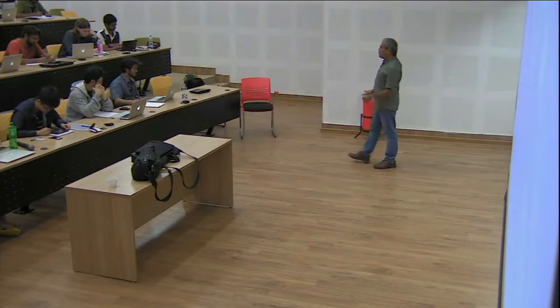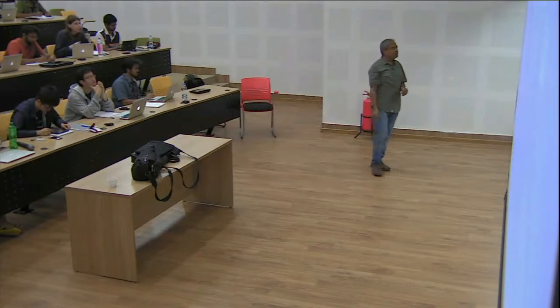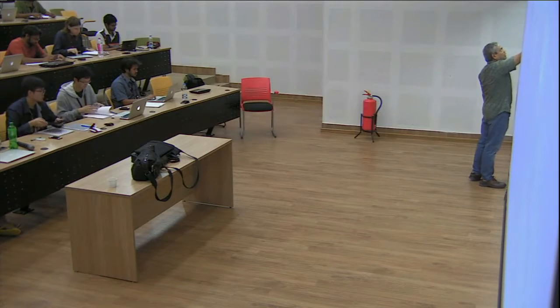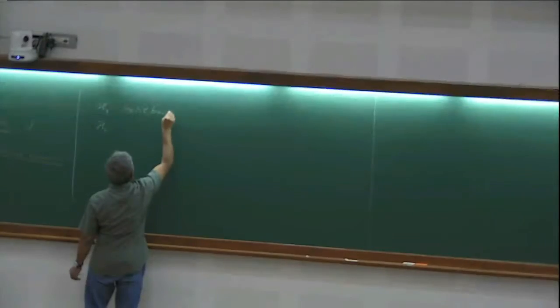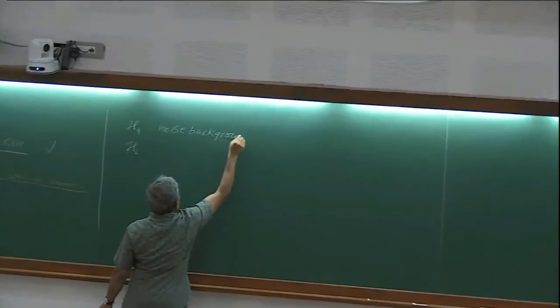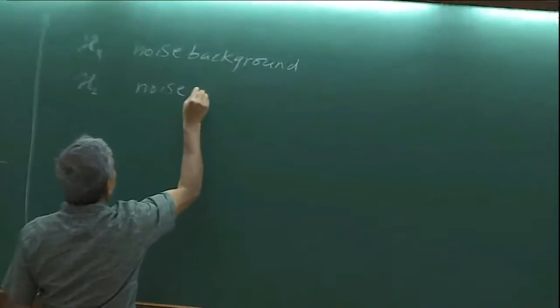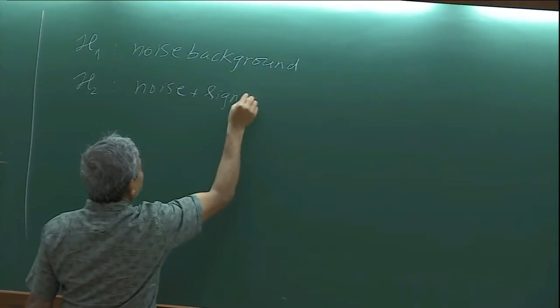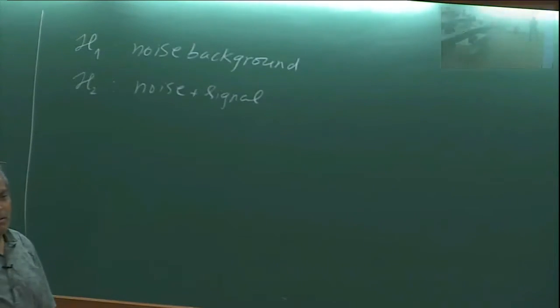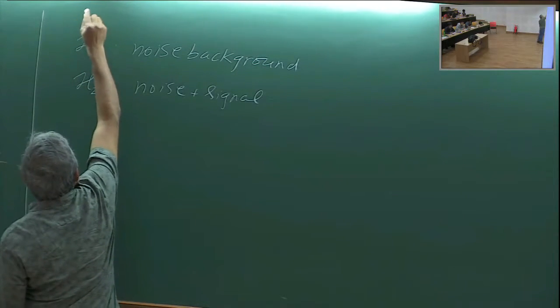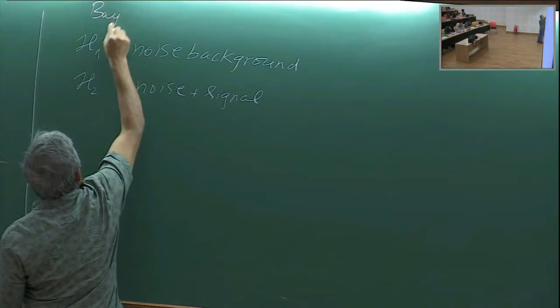H1 and H2 could be as simple as this is consistent with noise background, and this is consistent with noise plus signal, which is the problem of detection that we are talking about. So even the detection problem can be put in the form of hypothesis testing or Bayesian model selection.